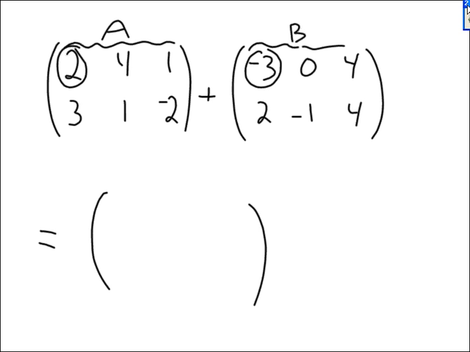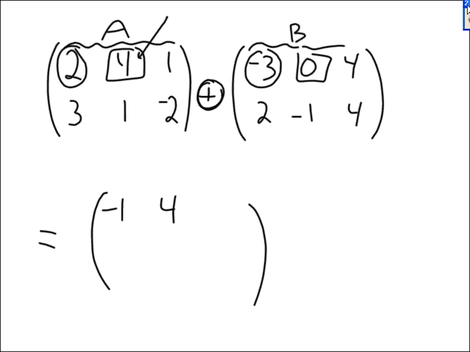Top left, 2 plus negative 3, that's negative 1. And I put it in the same place, top left. To the right of that top left number is 4 and 0. And of course I add them. 4 plus 0 is 4. Put it in the same location.